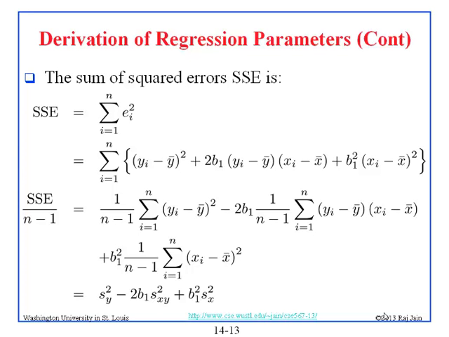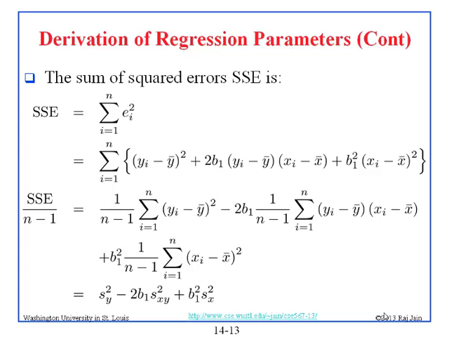Now this quantity, all I've done from here to there is divide by n minus 1. If I divide by n minus 1, that allows me to write these things in a simple way. So this whole thing is sy squared.